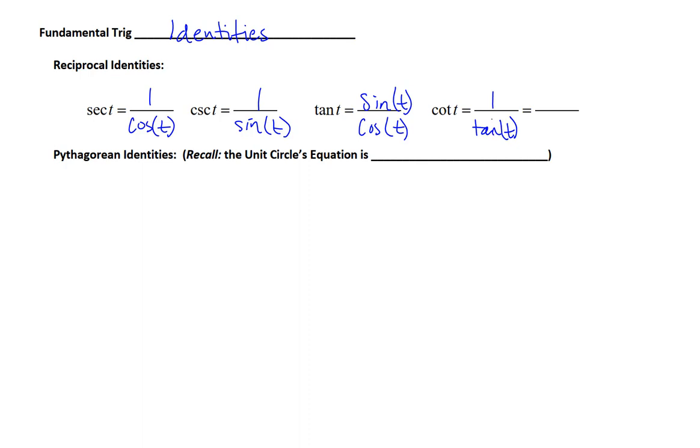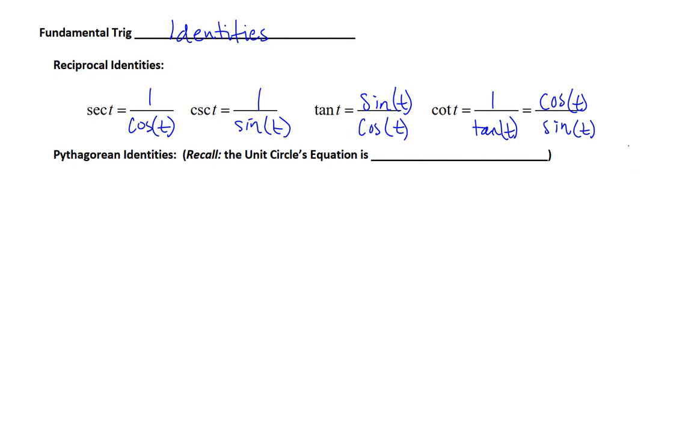And that's just the reciprocal of it. Well, if tangent was sine over cosine, then cotangent would be the reciprocal, cosine over sine. So we flip that over. And that's how we can define what we'll call basic reciprocal identities using these trig functions.